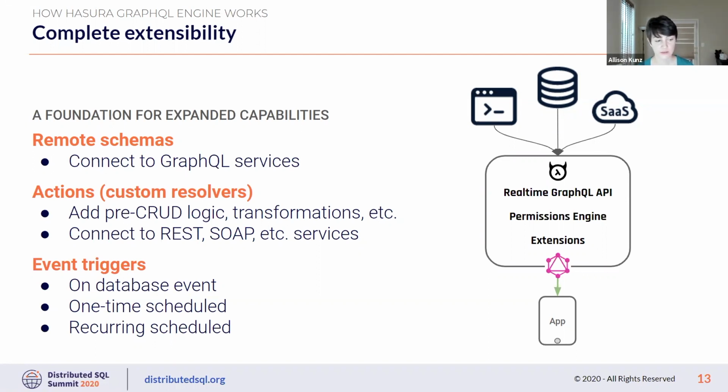Finally, you can also bring in business logic or data transformations, or trigger event services for tasks like new user emails or monthly cron jobs. Hasura can bring together your application's data sources, security controls, and business tasks seamlessly into a single GraphQL API.